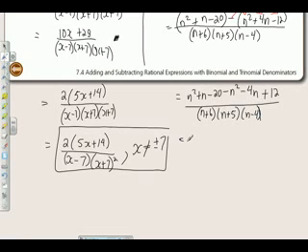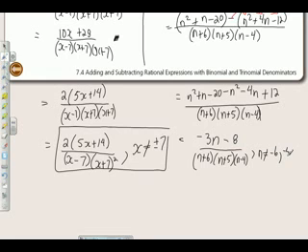Nice, the n squareds cancel off. We get negative 3n minus 8 over n plus 6, n plus 5, n minus 4, and can't factor the numerator at all, so then just n cannot equal negative 6, negative 5, 4.